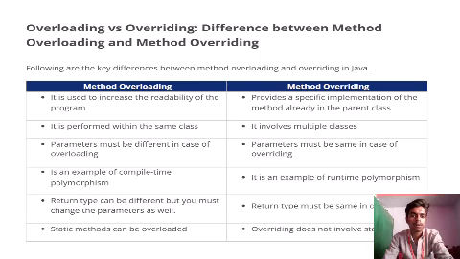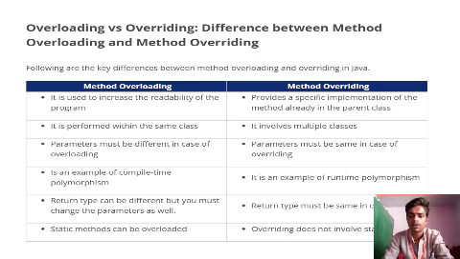It is performed within the same class. Parameters must be different in case of overloading. It is an example of compile time polymorphism. Return type can be different, but you must change the parameters as well. Static methods can be overloaded.